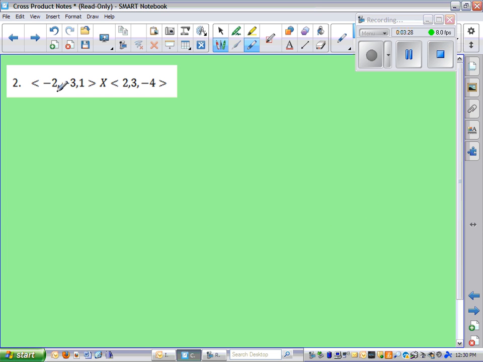Okay, for our next example, same thing. We're just going to find the cross product of A cross B. So we're going to make our matrix: I, J, K, -2, -3, 1, 2, 3, -4. Then we'll set up our equation.